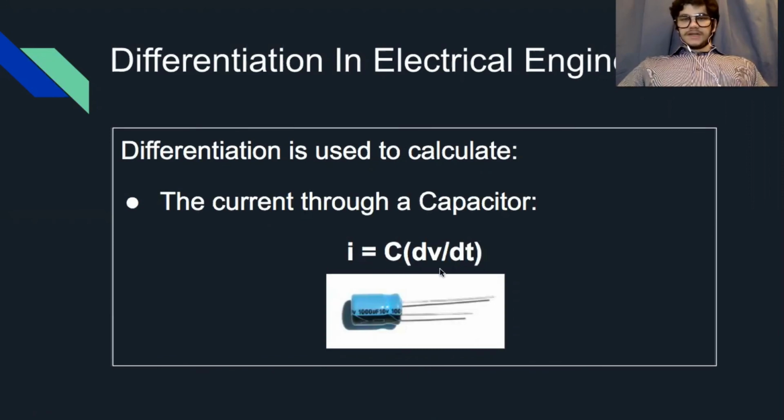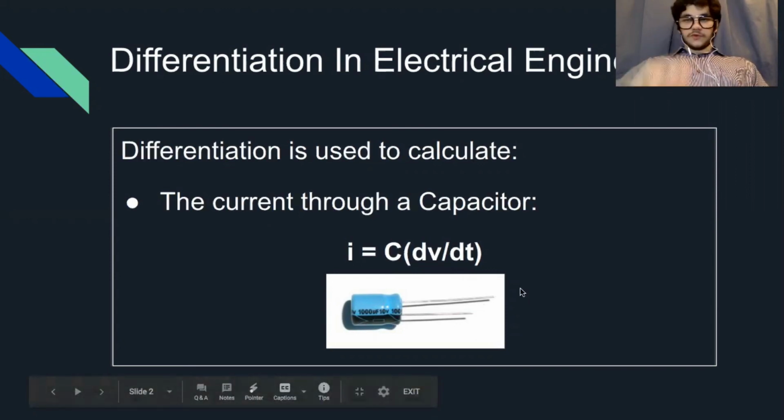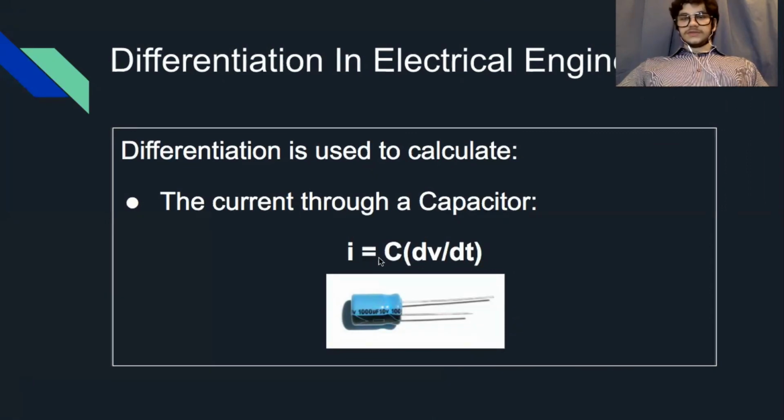Secondly, differentiation can also be used to calculate the current flowing through a capacitor such as this by using the following formula. Current equals the capacitance multiplied by the voltage's rate of change over time, which is also known as the derivative of the voltage.